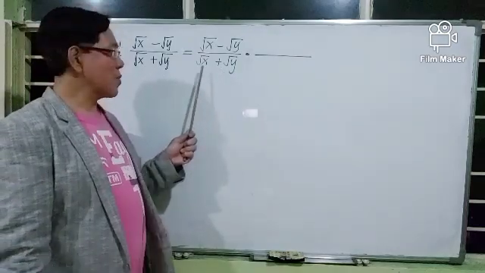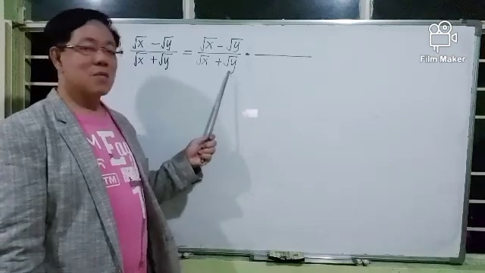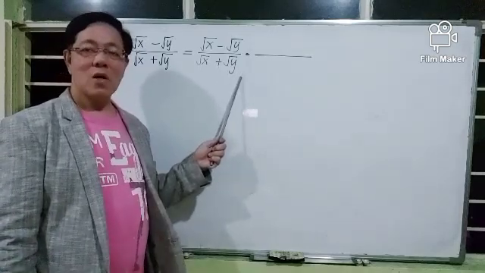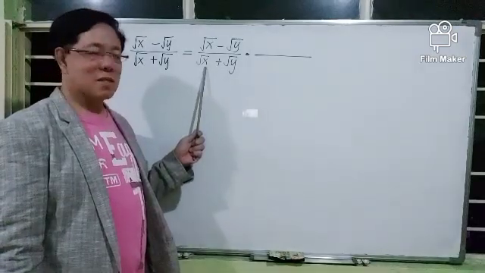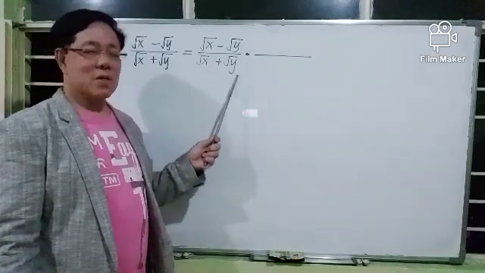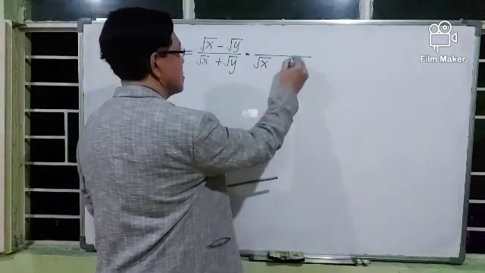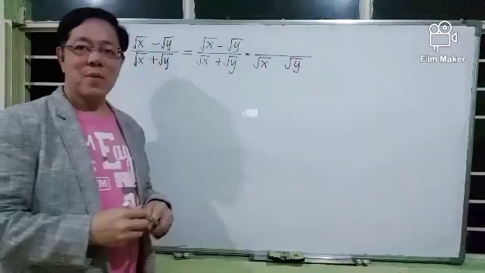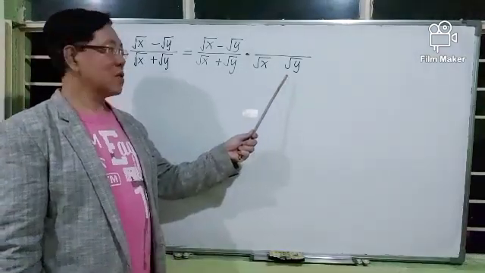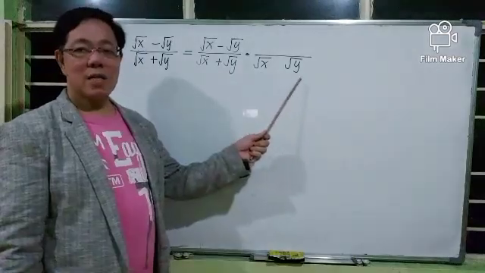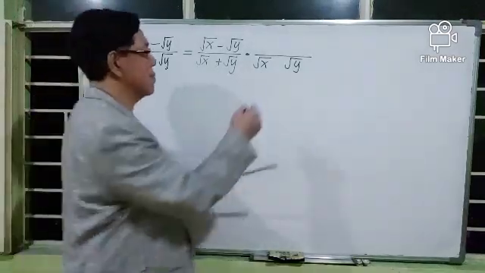The conjugate of square root of x plus square root of y is also a binomial with the first term square root of x and the second term square root of y, except that the sign between these two radicals is not positive but negative.